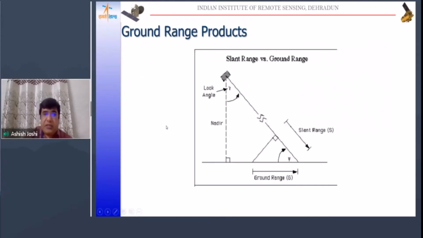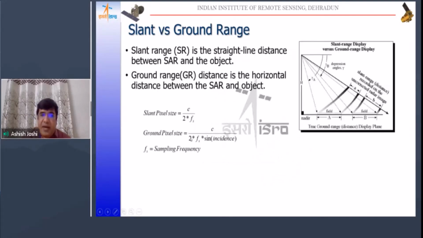You can see from this geometry, this is the look angle gamma, this is the nadir, this is the slant range and this is the ground range. We can find the ground range using trigonometry, given by C by 2fs sine incidence angle, while the slant pixel size is C by 2fs.